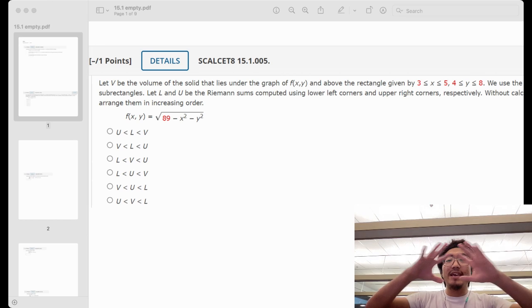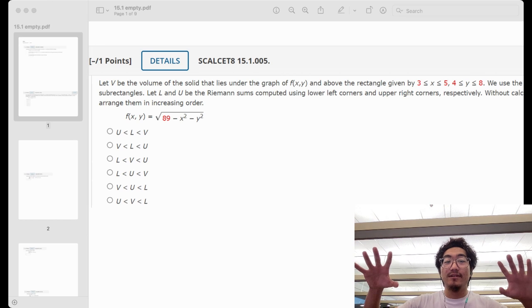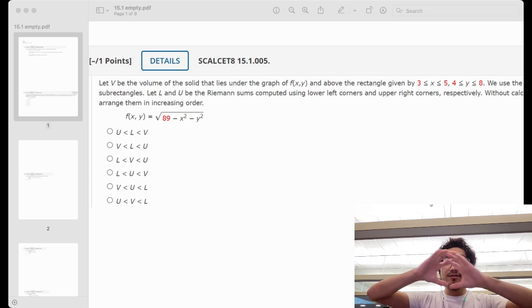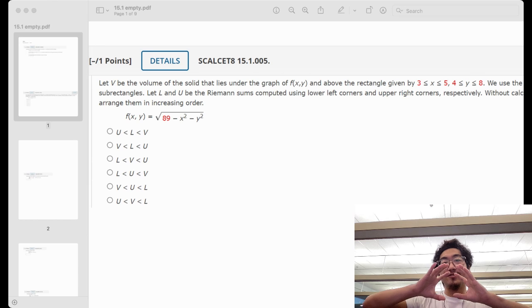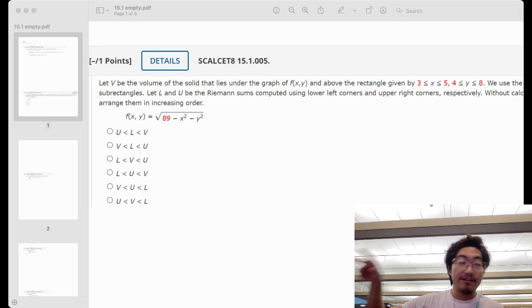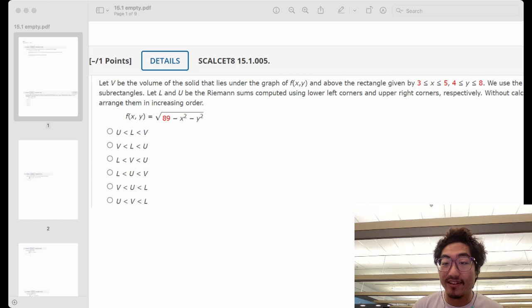It's like a sphere or an ellipse: if x and y increase, the total output decreases. So in this case, L corresponds to the lower left and U to the upper right, so L is larger than U.